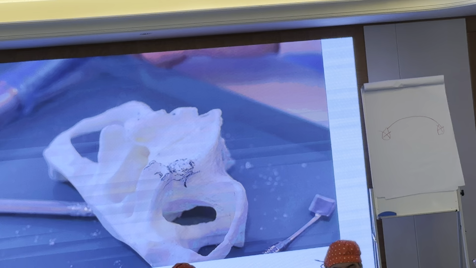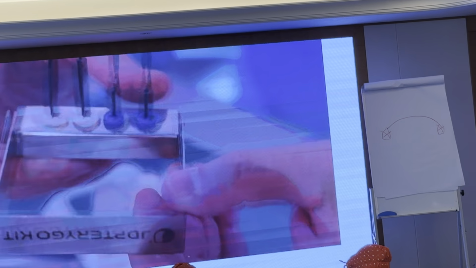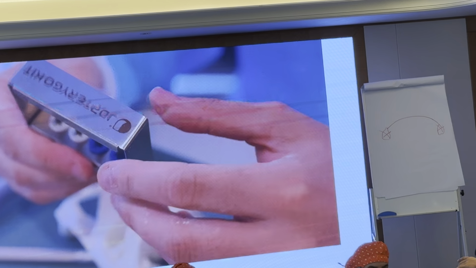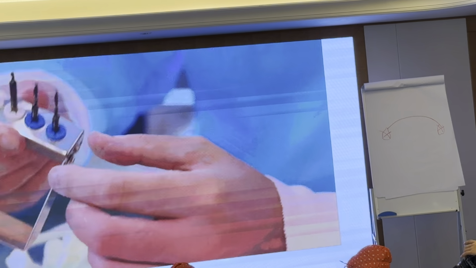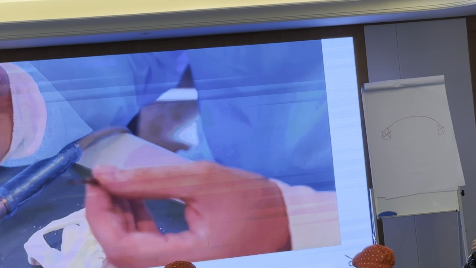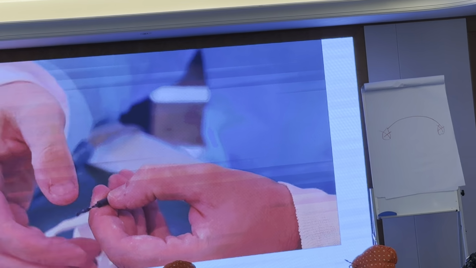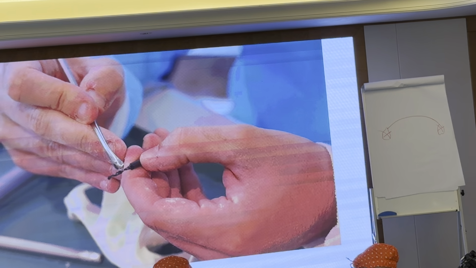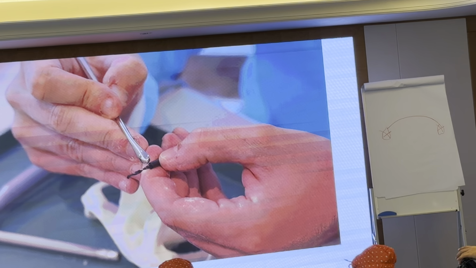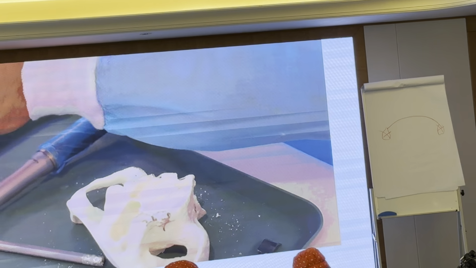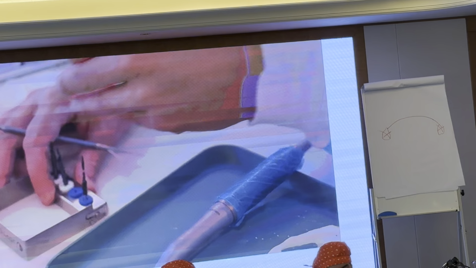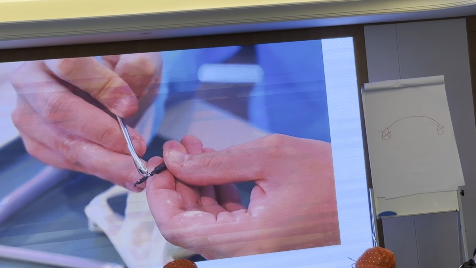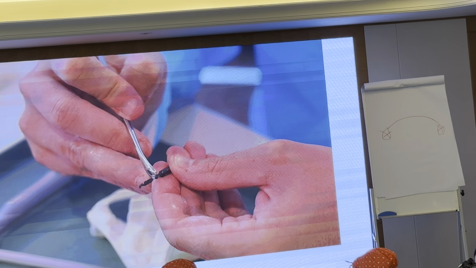Then I take my Pterygo kit. The Pterygo kit is like that. We have 4 burs inside. First bur, 2.0 bur, and the laser marks are 13, 15, 18, 20. Second bur, 2.4 at the tip, 13, 15, 18, 20.